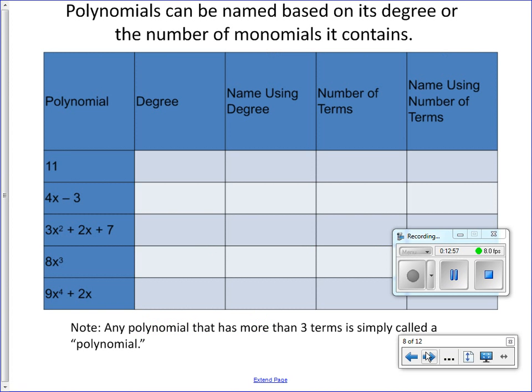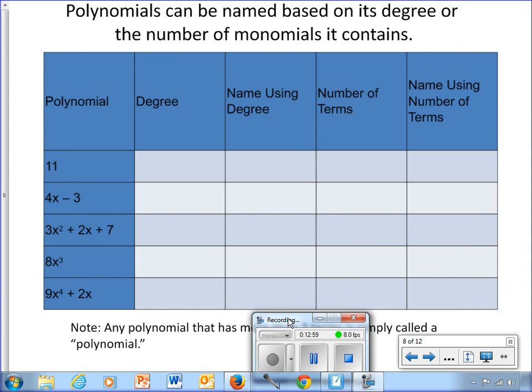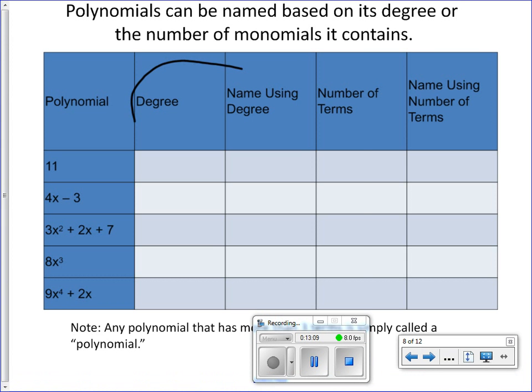Okay, now we have some more vocabulary, and we're going to just put it into a chart. We're going to first classify polynomials based upon their degree. So 11 has a degree of 0, and when it has a degree of 0, that is known as a constant.